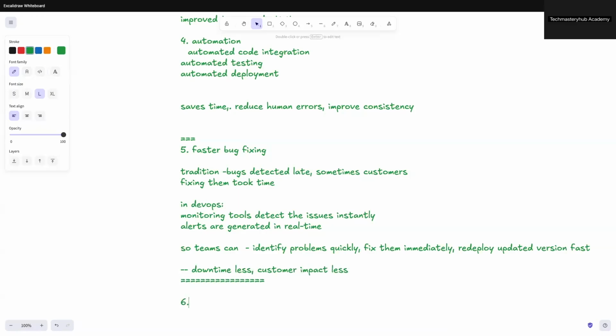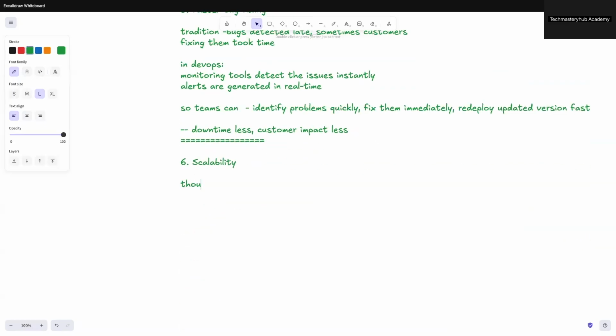Now the next benefit is scalability. Modern applications need to handle thousands or millions of users, suppose. With DevOps, cloud computing can help scalability.